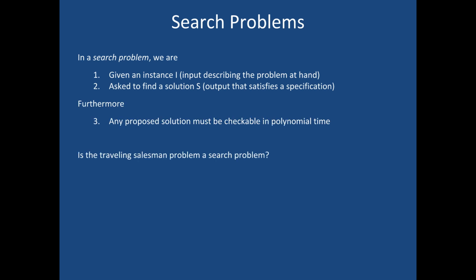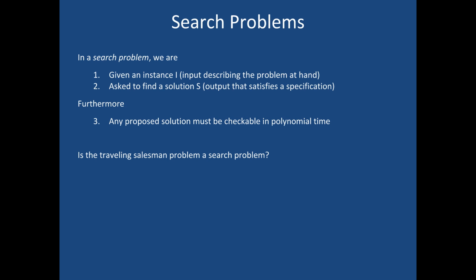Okay. Is the traveling salesman problem a search problem? So now, same issue, but now I want the shortest cycle. Now someone hands me a solution and says, this is the shortest Hamiltonian cycle. Now we've just argued it's easy to check whether it is indeed a Hamiltonian cycle. How would you check that it's the shortest Hamiltonian cycle?